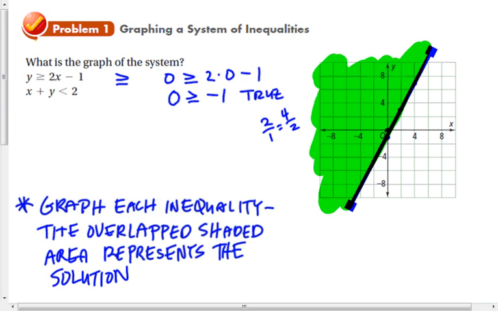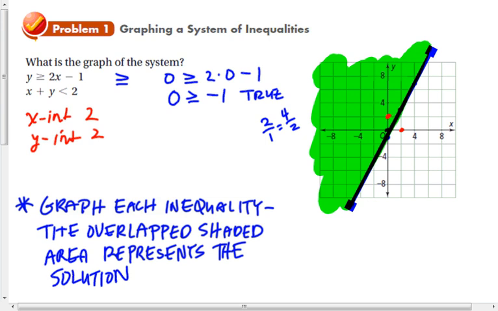And now I'm going to do my other line, and that's actually written in standard form. So I think I'll find the x-intercept and the y-intercept. The x-intercept is 2, because if y is 0, x would be 2. And so is the y-intercept, too. I think that'd be the quickest way to graph that. There's 2 and 2. And since it's less than, we're going to use a dotted line on that one.